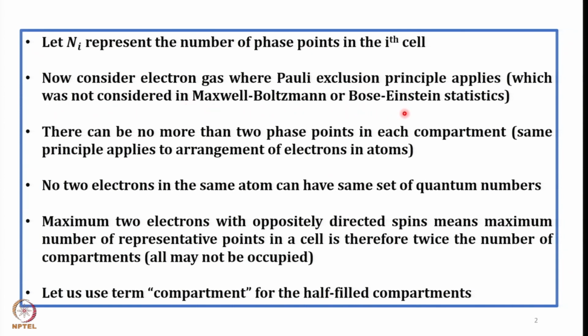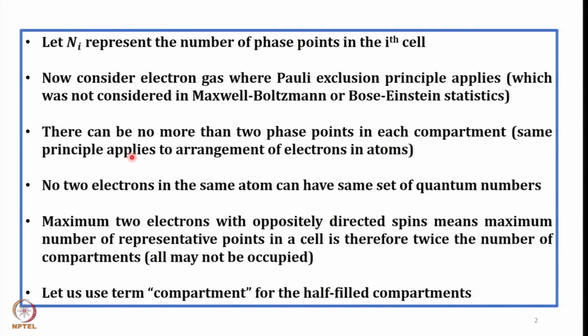Right? So what is it saying? That now you don't want more than 2 electrons or 2 phase points in each compartment. So there can be no more than 2 phase points in each compartment, and this is the same principle that applies to the arrangement of electrons in atoms.